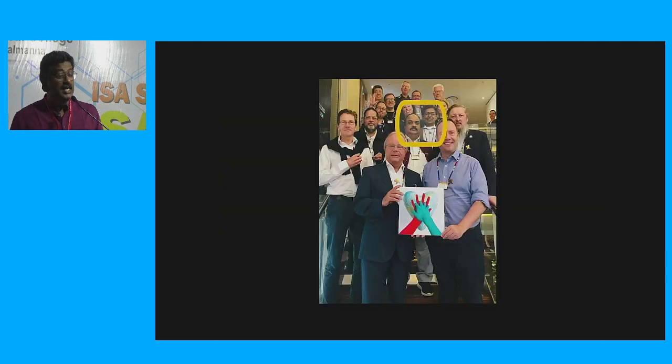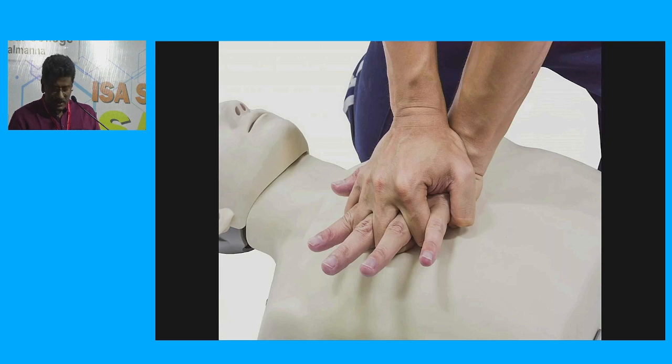Basically, ILCOR provides the science, and various organizations update their guidelines. The updates are seen because of the science provided by ILCOR. Now this is the picture. You should know the principle.